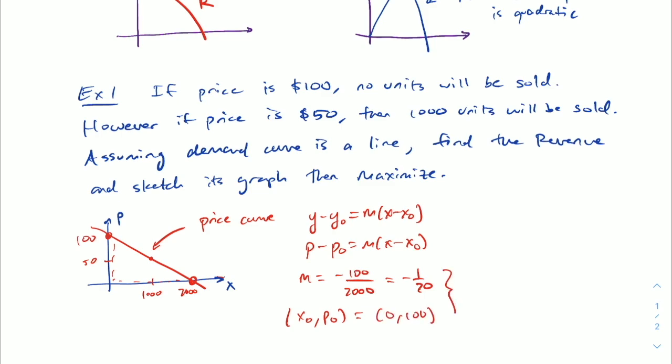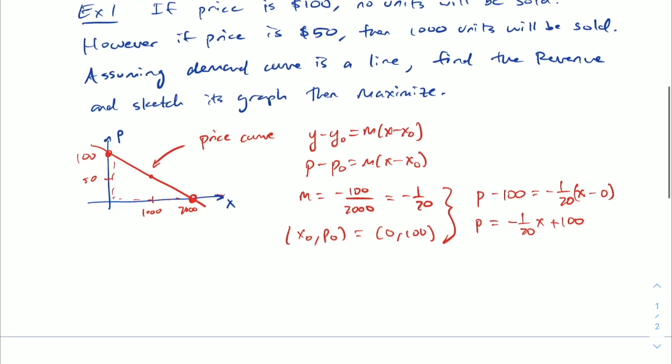And then we can combine those, we'll get p minus 100 equals negative 1 over 20 x minus 0. So p equals negative 1 over 20 x plus 100. That's our price curve. And you can check that this works. When you put 0 in, you get 100. That's the price when no units are sold. And when you put 1,000 in, you get 50. Negative 50 plus 100, which is 50.